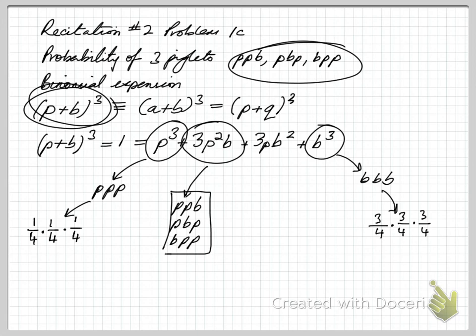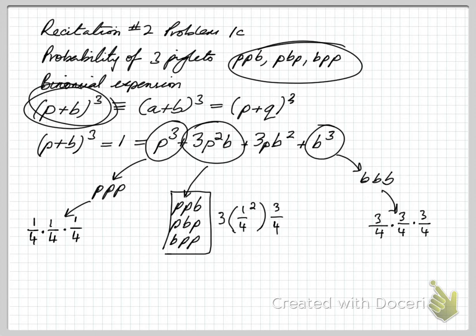All we do is use the formula 3P squared B. So we would do 3, and then the probability of a pink piglet, which would be 1/4, and we would square that, and multiply that by the probability of a black piglet, which would be 3/4.